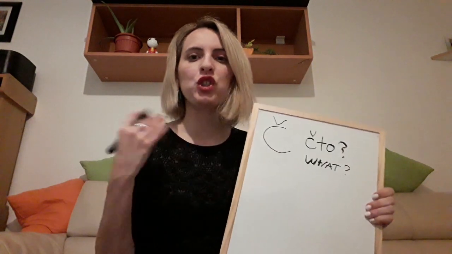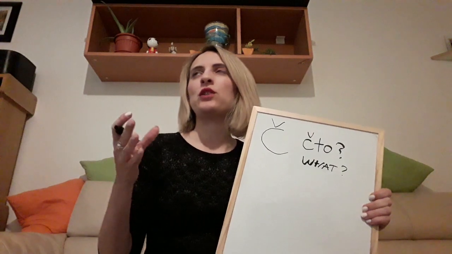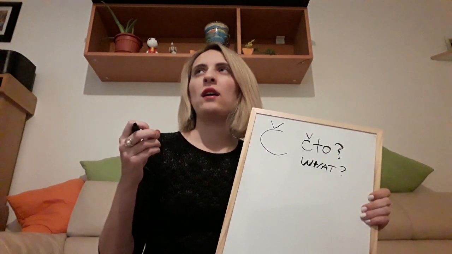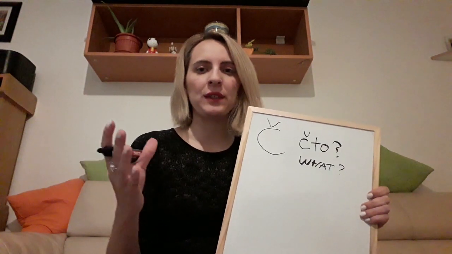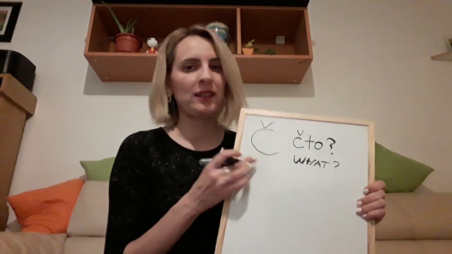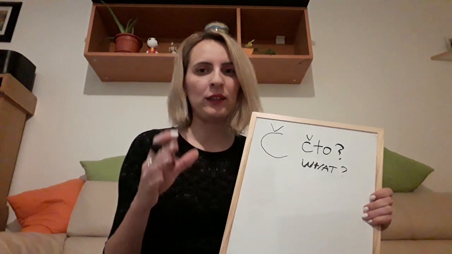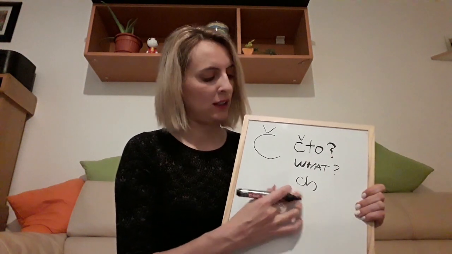So when you say što, it means what? And in English words, for example, catch. When you say catch, catching something, catching someone, this ch is actually this letter. So it is kind of similar to English ch in some words.